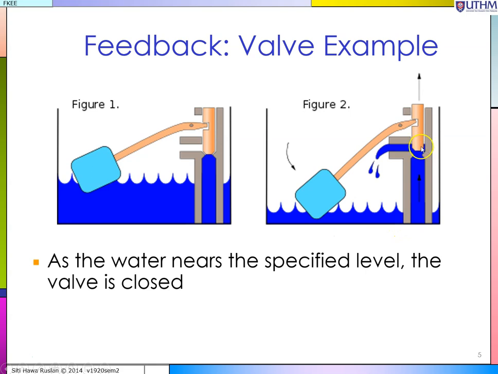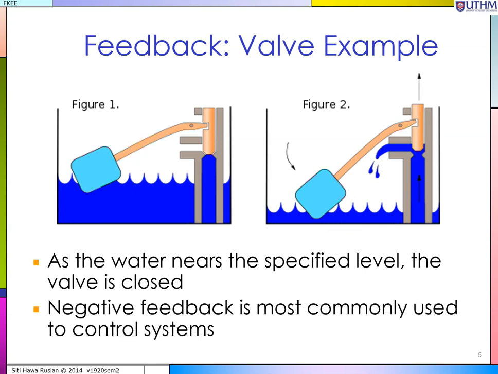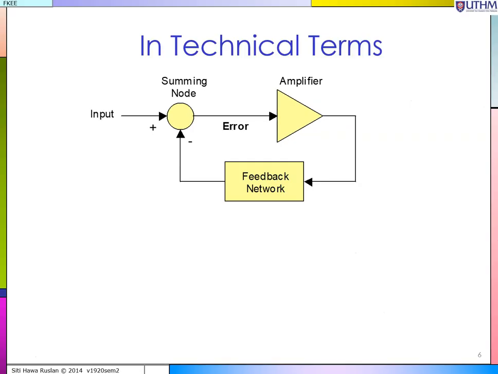How do we tell the valve whether it should be closed or open? In this example, the floating ball is giving the right signal whether to open or close the valve depending on the water level. So it is an example of feedback also. You want to control a system. So that is in everyday life.